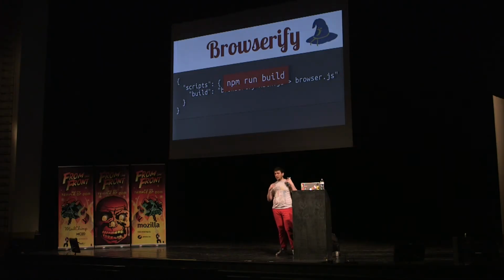And then you put it in a script tag, you run the build process, and voila, you have the CommonJS module that actually runs on the browser, which is pretty neat. And you get IE wearing a hat, which is quite nice too.